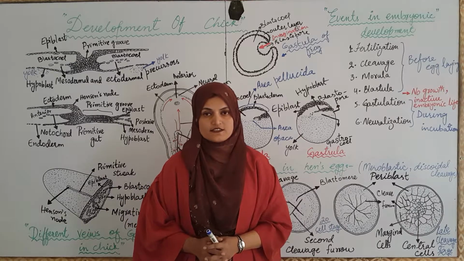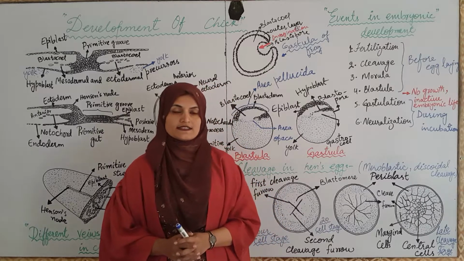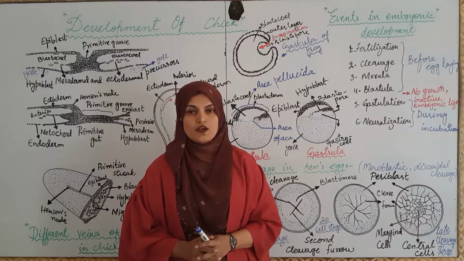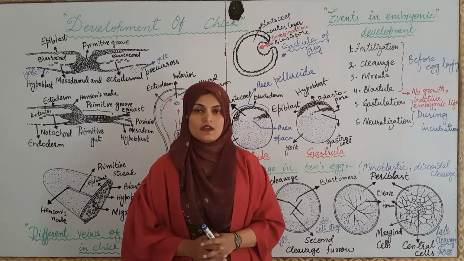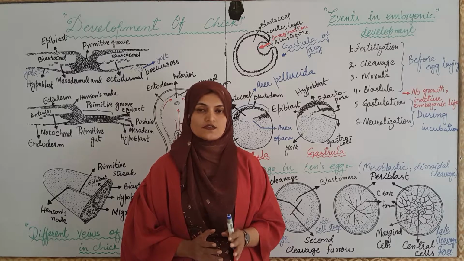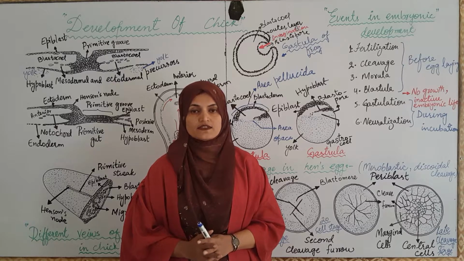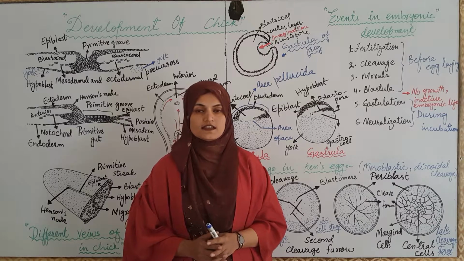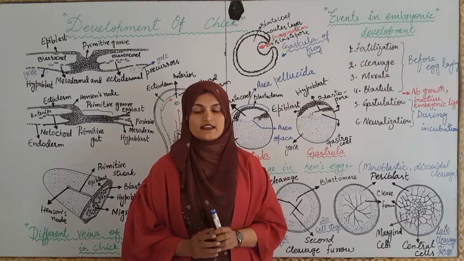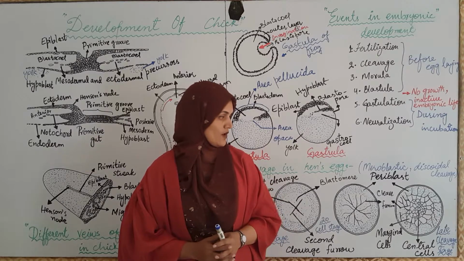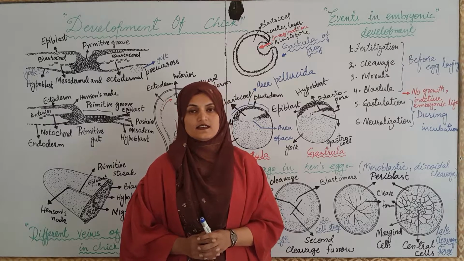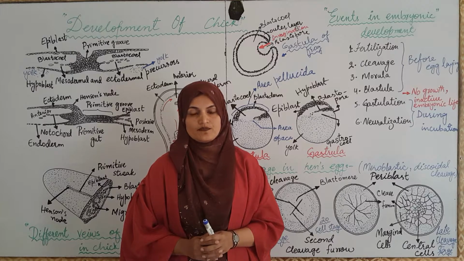What is the morula stage? The morula stage is the stage in which the morula is formed. What is a morula? As a consequence of cleavage, a number of blastomeres are formed, resulting in a mulberry-like structure in which the central cells are smaller and the outer cells are larger.